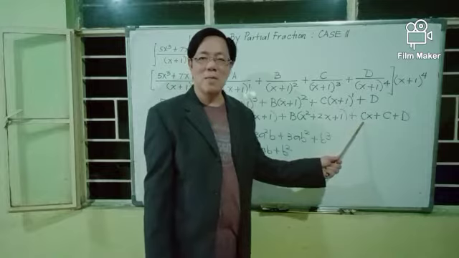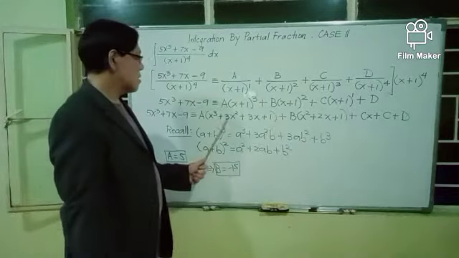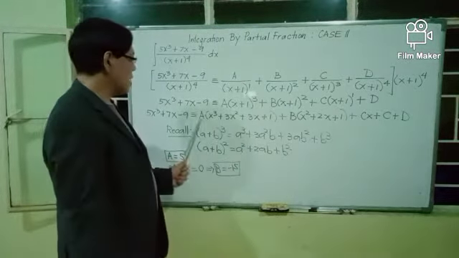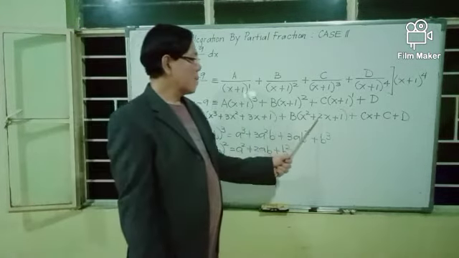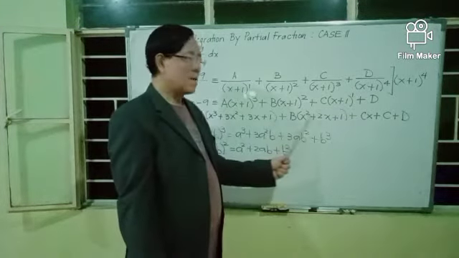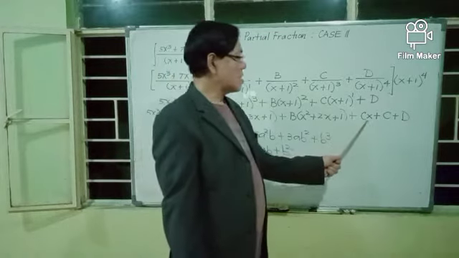Therefore, we have three terms with x. 3ax plus 2bx plus cx.